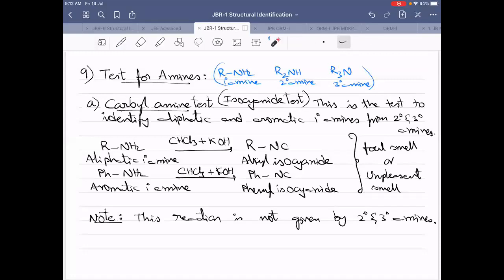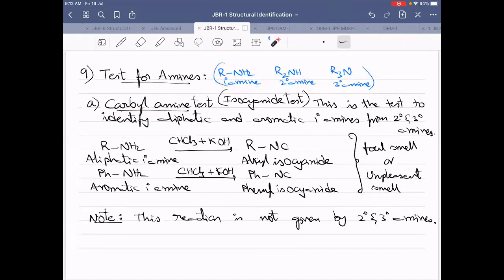So the carbylamine test is the one exclusively to identify primary amines from the other two amines.